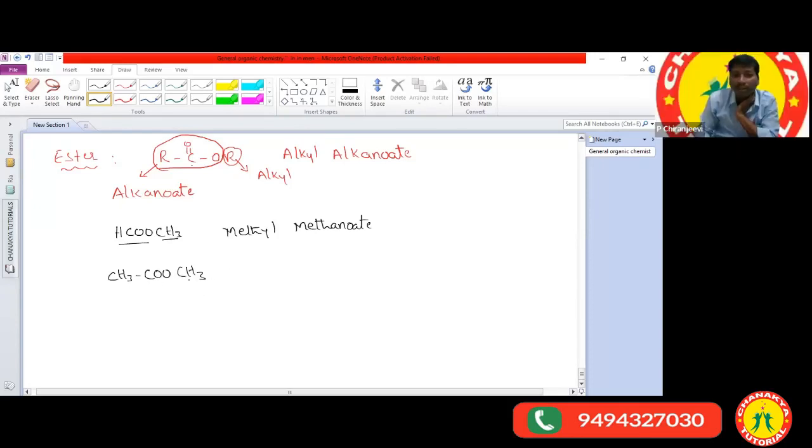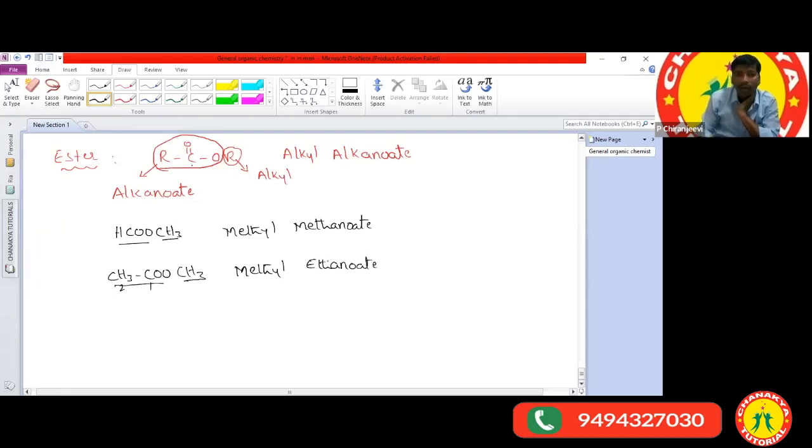Because the alkyl group is methyl and the acid part has two carbon atoms, 1 and 2, we take eth, and with the given functional group, it becomes methyl ethanoate.